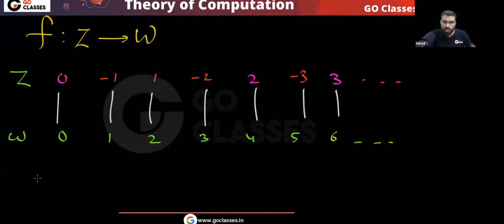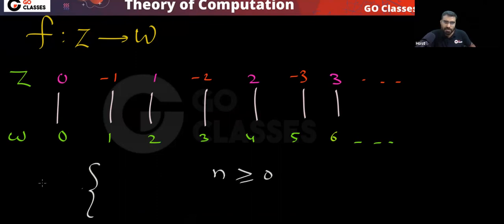In this mapping, did you notice what is happening? If n is greater than or equal to 0, what is f(n)? That is 2n, right? Very simple. For example, 2 is mapping to 4.